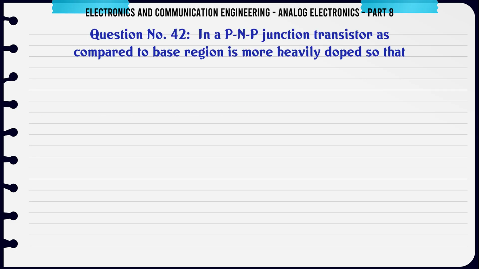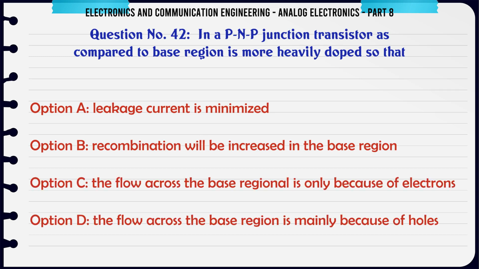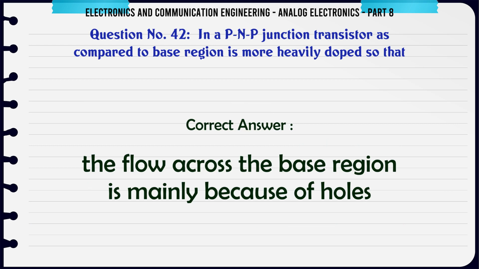In a PNP junction transistor, as compared to the base region, the emitter region is more heavily doped so that A. Leakage current is minimized, B. Recombination will be increased in the base region, C. The flow across the base region is only because of electrons, D. The flow across the base region is mainly because of holes. The correct answer is the flow across the base region is mainly because of holes.